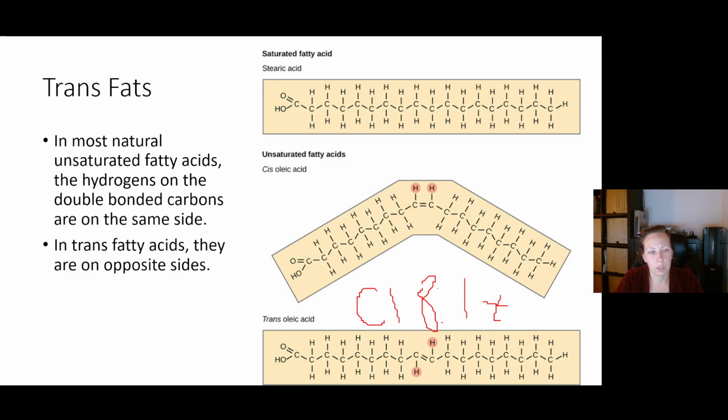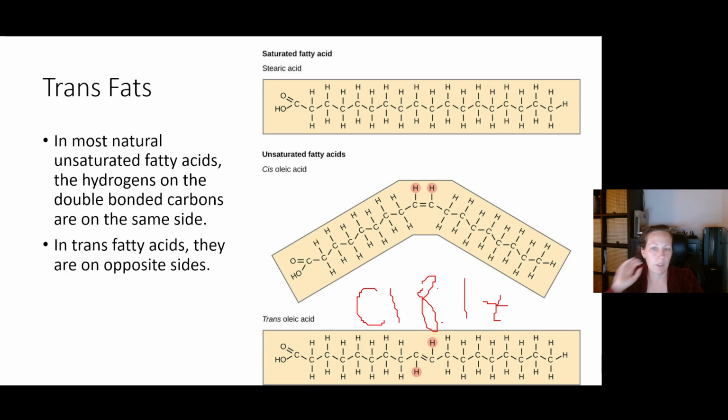But the hydrogens are just now on opposite sides. Because they're on opposite sides, there's not this full pushing down, because one is pushing one way, the other one's pushing the other way, and it ends up straight. And so this trans fat, even though it has a double bond, from a physical property standpoint, behaves more like a saturated fatty acid.